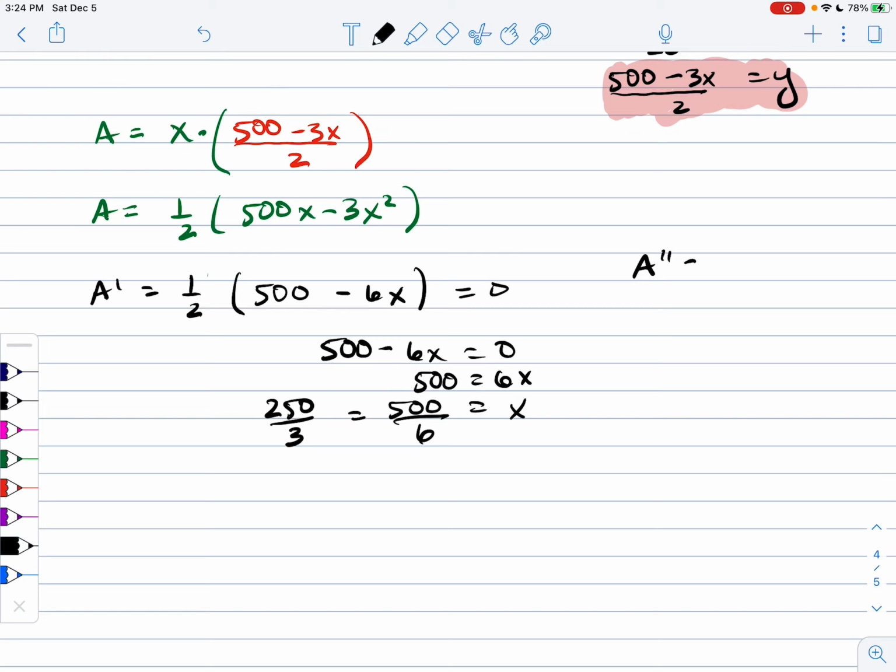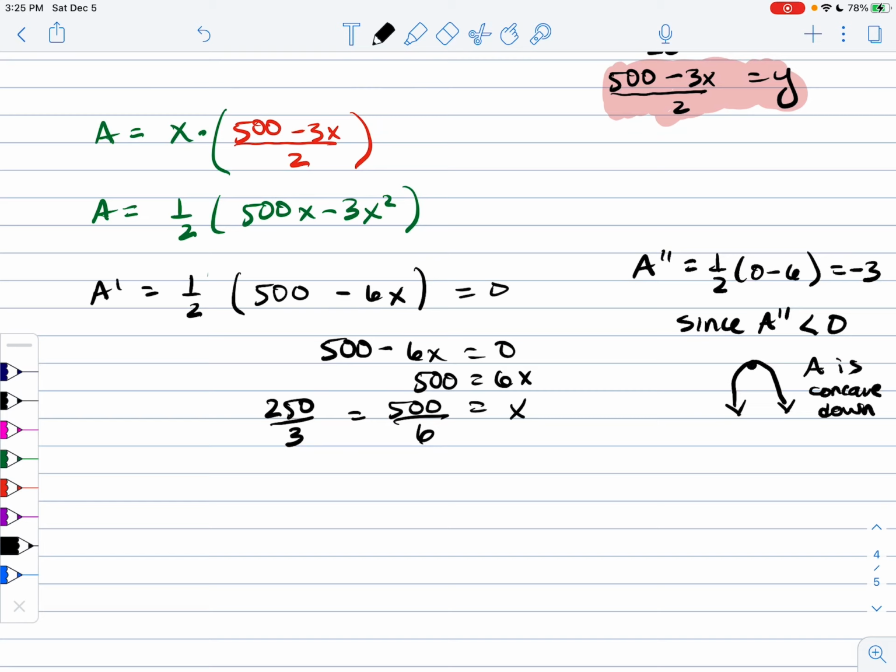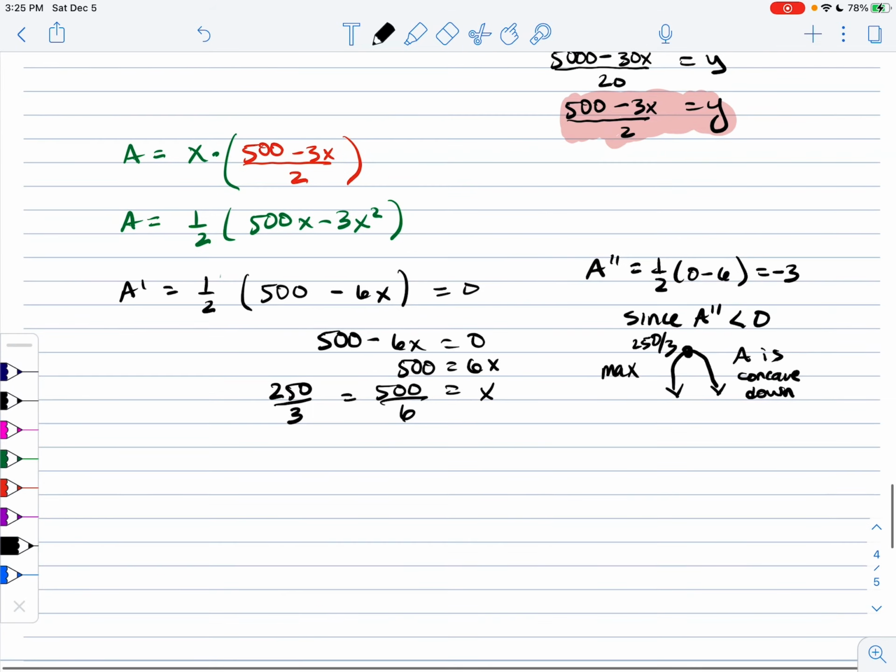My second derivative is going to be 1/2 times (0 minus 6), and that's going to be -3. And since my second derivative is less than 0, A is concave down. And because it's concave down, my x at 250 over 3 is a maximum. So I can verify that way as well.